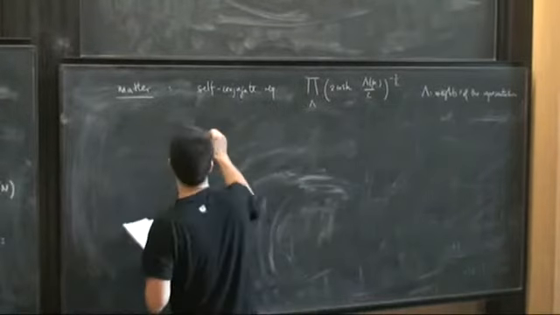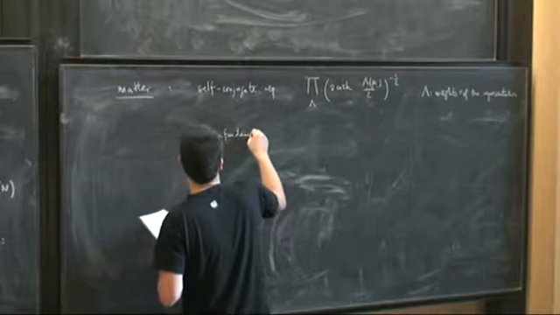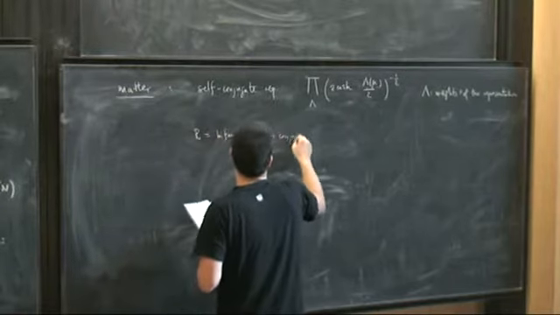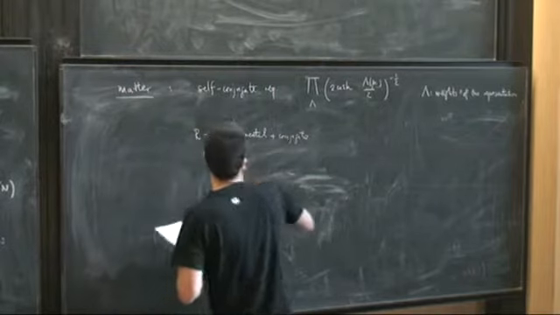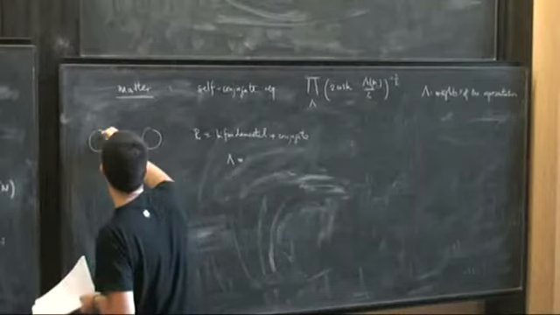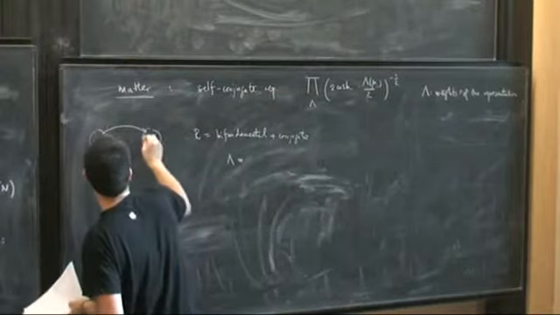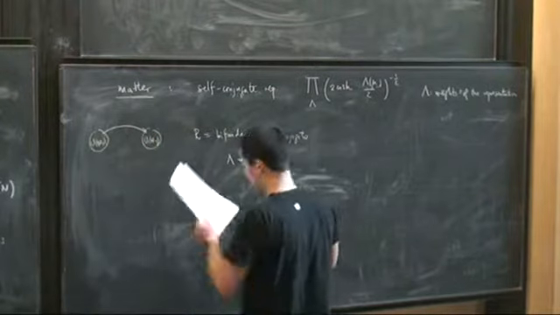If your representation is the bifundamental plus its conjugate, the weights of this representation, so for example, if you have here two nodes, right, and then you have here a U(N)_1 and U(N)_2, and here you have a bifundamental representation.